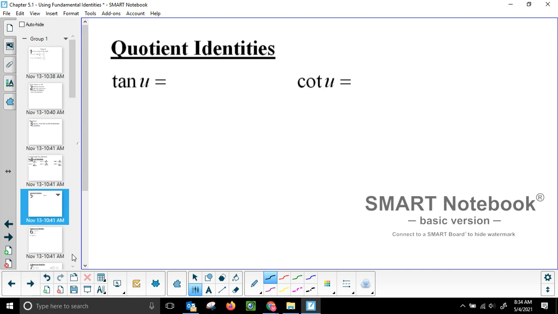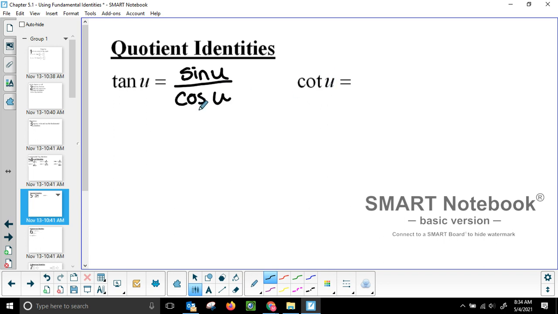All right, quotient identities. We've talked about these a couple of times. They were very useful in helping us find some of our asymptotes and help with our domains with tangent and cotangent in our last unit. Tangent of u is equal to sine of u over cosine of u.